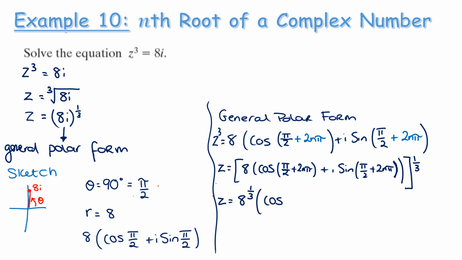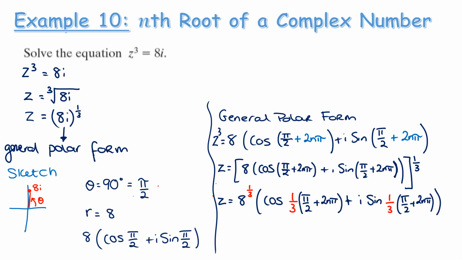So cos of, I actually usually do this in a different color, so I'll keep that up so we can see it. So you're applying a third as a power on the modulus, and then you're doing a third of pi over 2 plus 2n pi plus i sine 1/3 pi over 2 plus 2n pi.